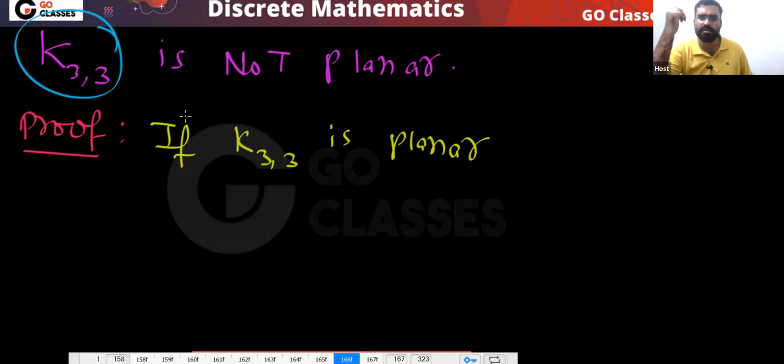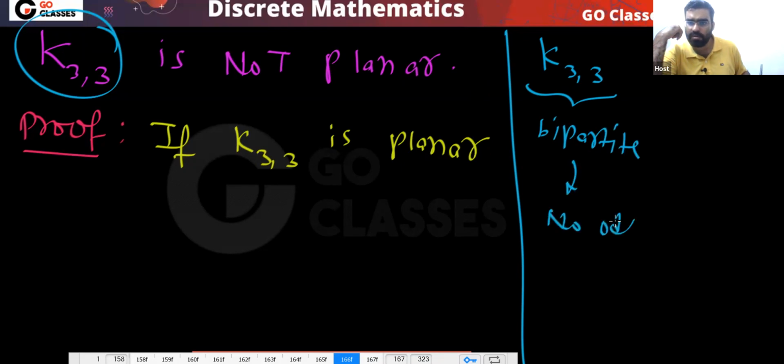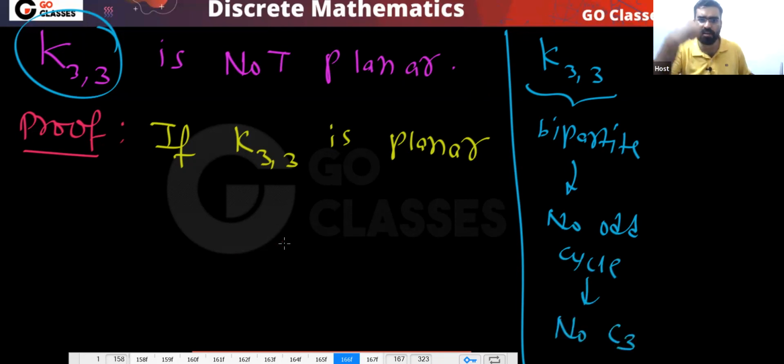So there is no triangle. Yes or no? K33 is a bipartite graph, and a bipartite graph automatically means no odd cycle. No odd cycle automatically means no C3, no triangle.